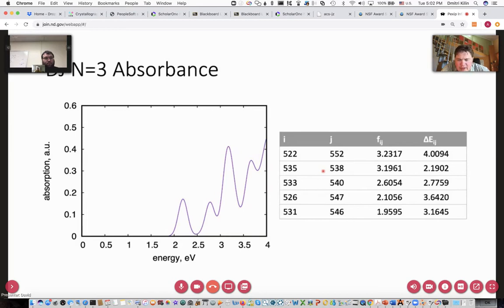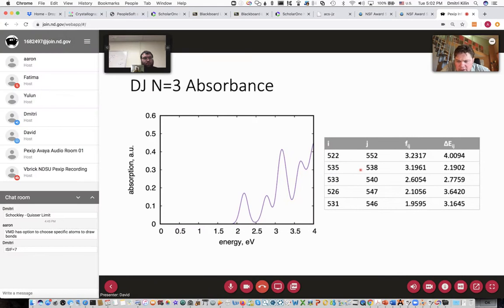Let me ask Aaron, in comparison to your experience with quantum dots, if it looks reasonable that the maximal oscillator strength is not from HOMO to LUMO, but from the next couple of orbitals, like HOMO -1 to LUMO +1. How realistic, how standard is it from your experience?